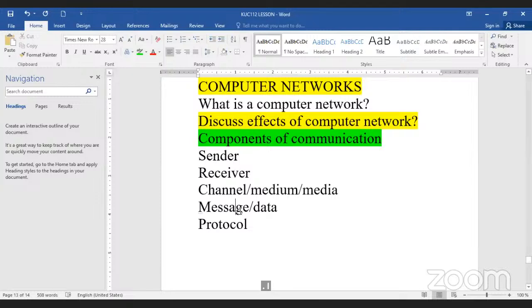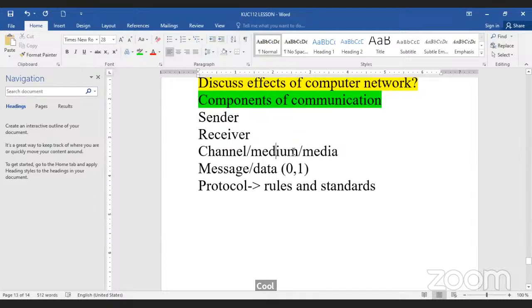Then we have the message, this is the data, zeros and ones that the computer is sending. Then we have protocol. A protocol is rules and standards that computers use to communicate.